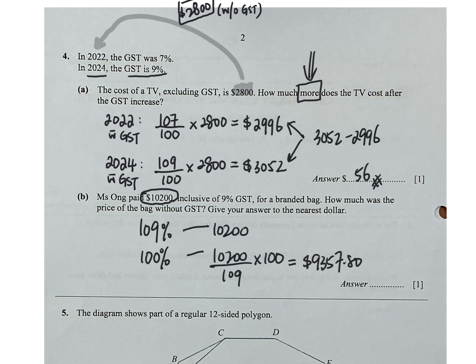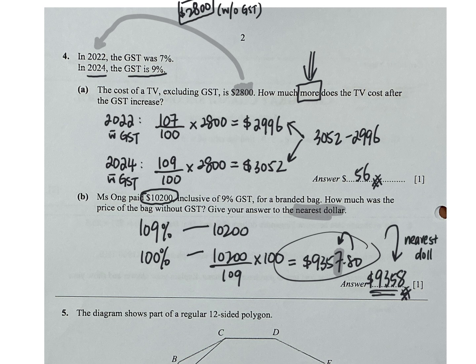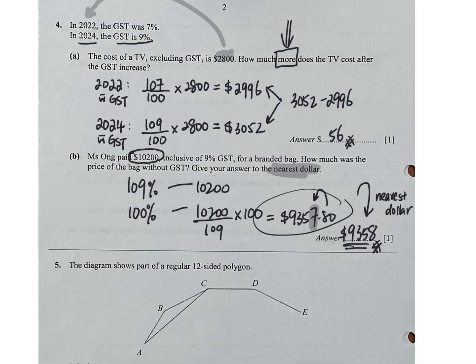Be careful. This question gave you one tiny hint. They want the nearest dollar, nearest $1. So look at the digit next door. You round up. Answer is 9358. A lot of you got this, fantastic, but forgot to round off to the nearest dollar. So always read the question carefully, please.